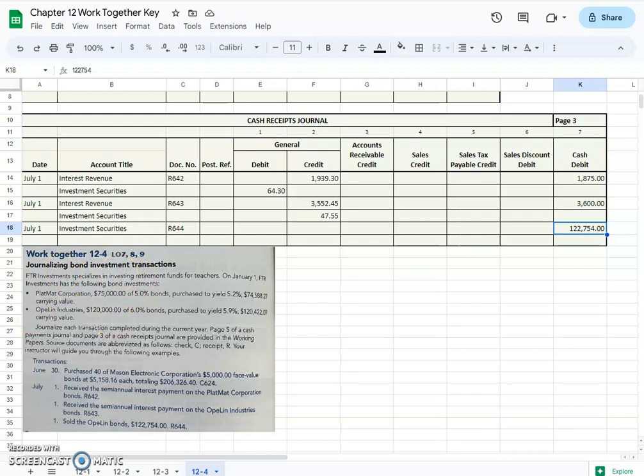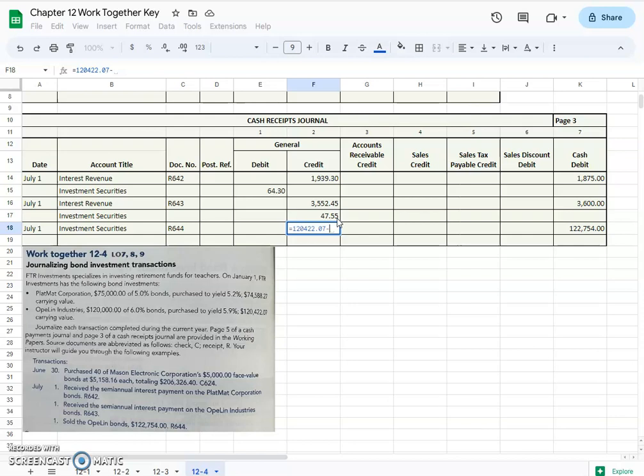So what's the calculation? Well, we need to know the book amount first. We purchased them originally at $120,422.07, so we'll start with that. In our previous entry, we reduced our investment securities by $47.55 as part of our normal interest and getting rid of the premium or discount amounts.